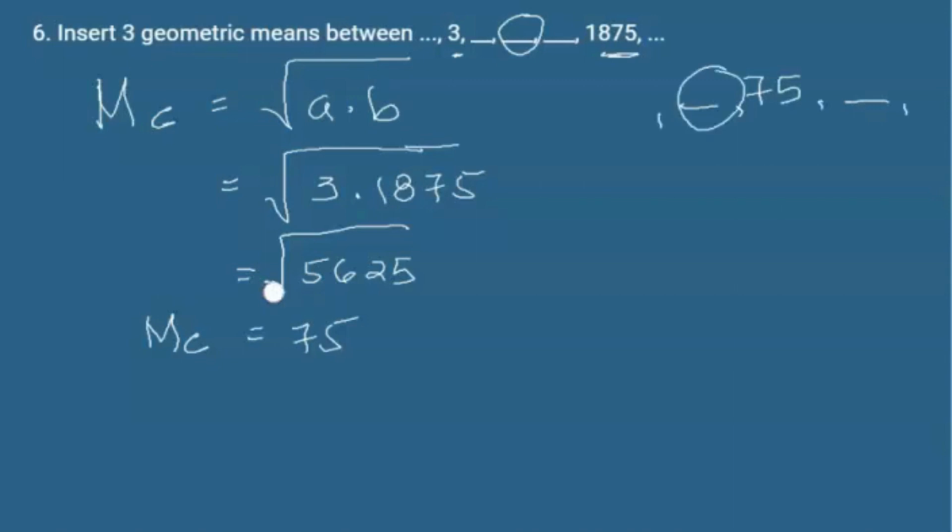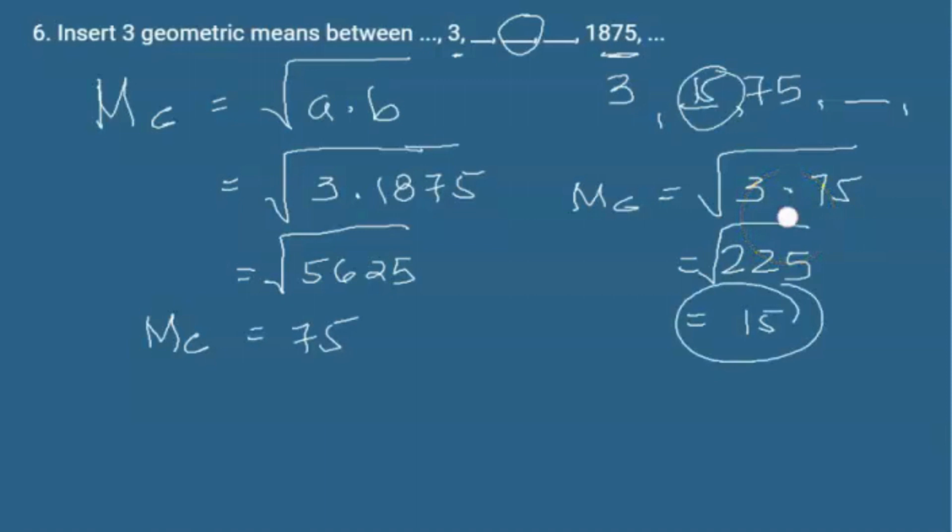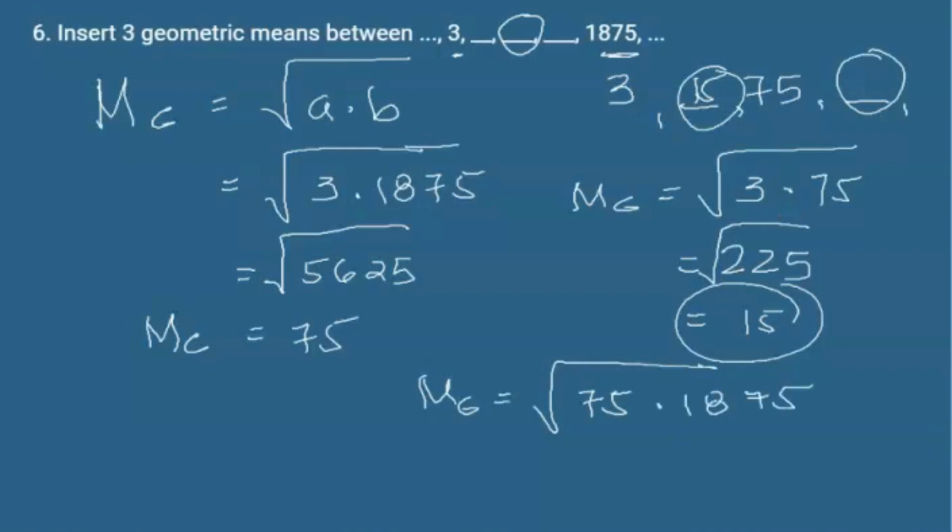Now we can find this one because we know 3 and 75. 3 times 75 is equal to the square root of 225, and the square root of 225 is 15. So now this is 15. Now we can get this from the square root of 75 times 1875.